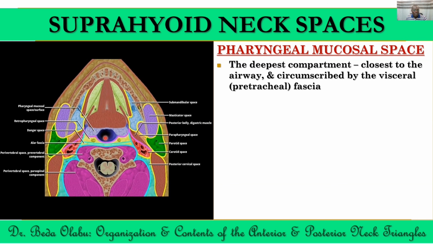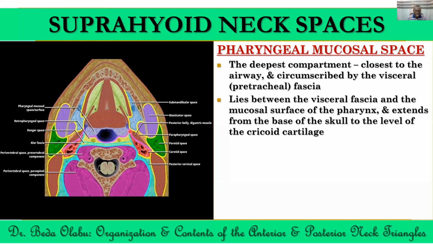It is circumscribed by the visceral fascia, which is the mid layer of the deep cervical fascia. Remember, the mid layer of the deep cervical fascia is also termed the pretracheal fascia. So it lies between the pretracheal fascia and the mucosal surface of the pharynx.